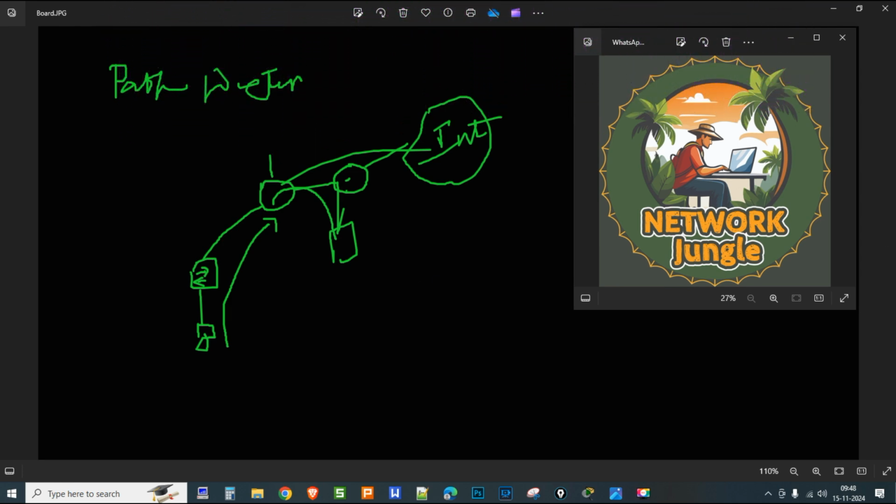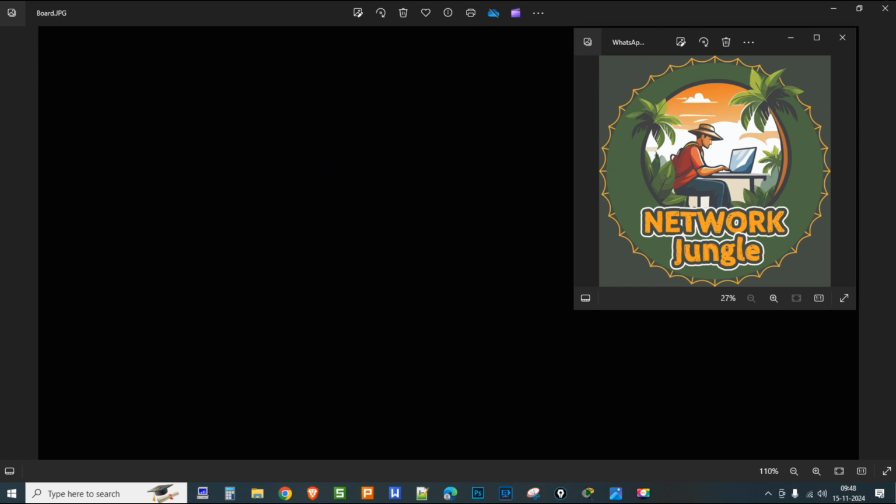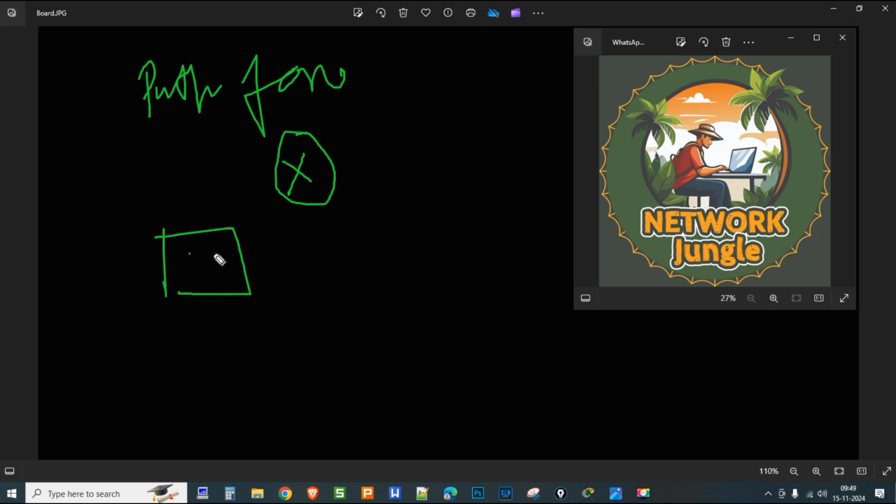Next one is the packet forwarding mechanism. Here, the user can sit in this place.